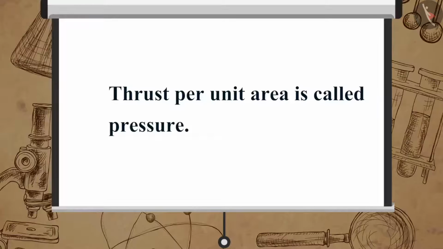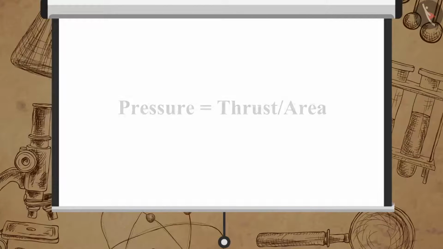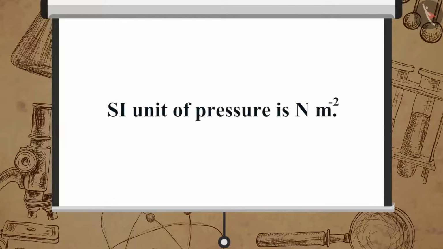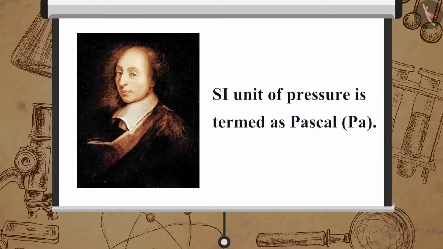Thrust per unit area is called pressure. Pressure is equal to thrust upon area. Substituting the units of thrust and area in the previous equation, the SI unit of pressure is Newton per meter square. To honor the scientist Blaise Pascal, the SI unit of pressure is termed as Pascal.